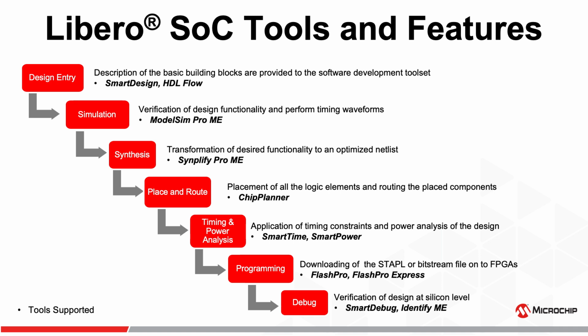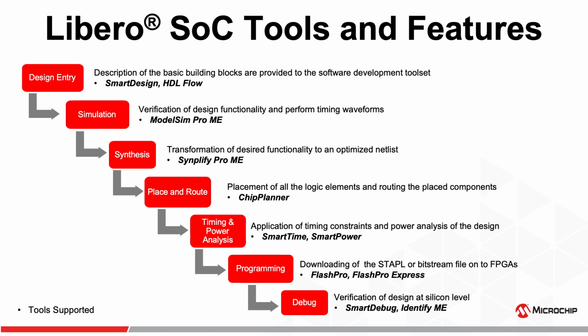Once the timing is met, and once you are okay with the dynamic and static power of your design, then you need to program the FPGA using the FlashPro or FlashPro Express tools. Finally, you debug at the fabric level, at the hardware level, using the SmartDebug tool, which is the in-house Microchip developed tool.